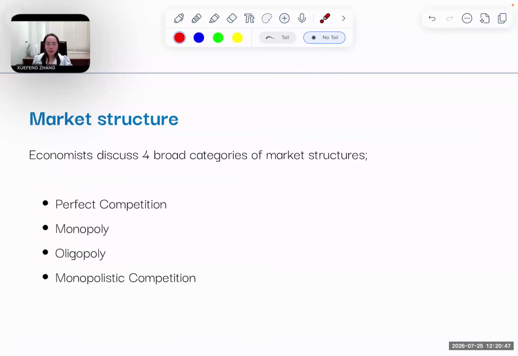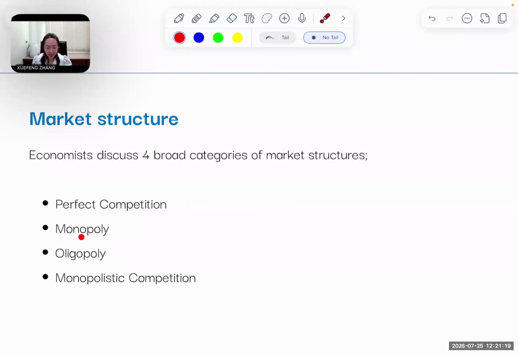Here's the map of this spectrum, four stops, from most competitive to least. The first one, perfect competition. This is one end of the spectrum. Think tons of sellers, identical product. Nobody has any pricing power, like the fresh vegetables at Walolo Market.